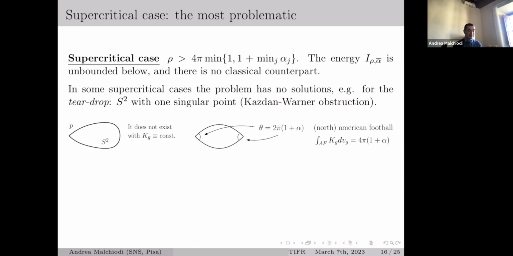And in this case, the integral of the Gaussian curvature by the singular Gauss-Bonnet formula is 4 pi times 1 plus alpha. Okay, so alpha equal to 0 corresponds to the round sphere, but here we have two singular conical points. So how do you obtain such an object? Well, you can start from a sphere, then you cut two meridians and glue together these two sides. Okay, so in this way, you obtain an American football.